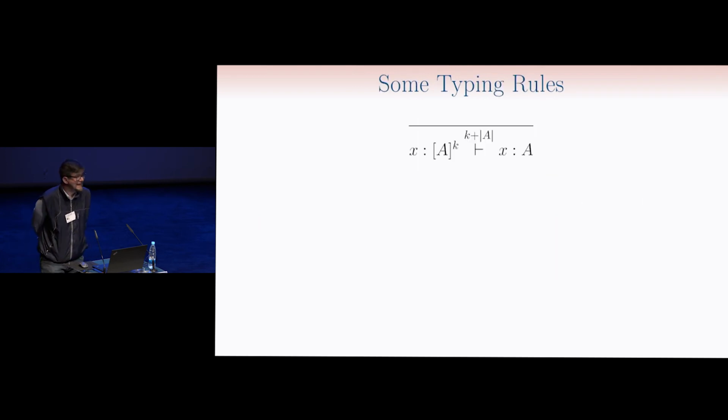Let's take a look at a couple of rules just to see what happens in the typing rules. Of course, the type system is not as simple as the usual multi-type system. You need a little bit more rules. Arguably, you need new rules because the underlying machine has changed. But for example, the rule for variables is the usual one.